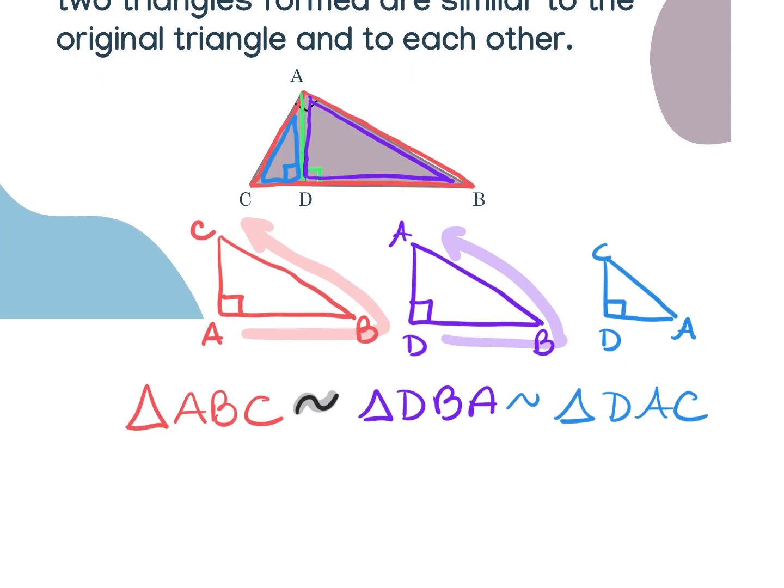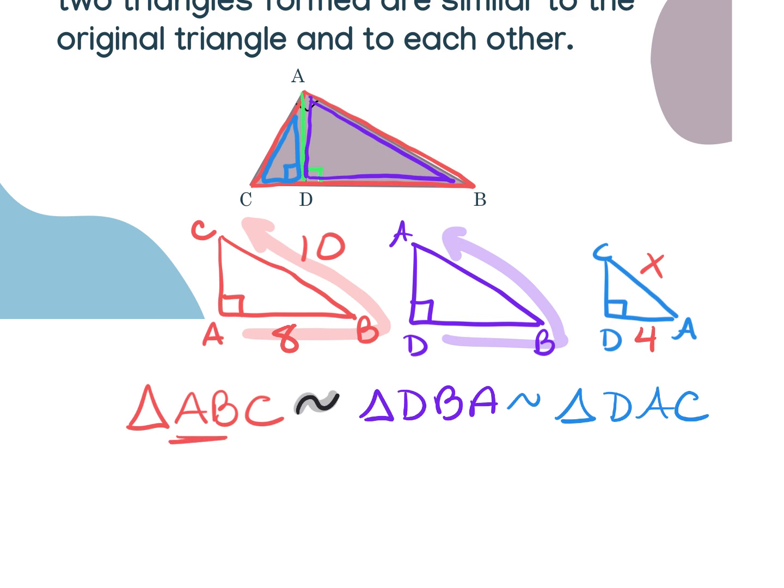So for example, let's say I said that this side of my red triangle was 10, and then this leg of the red one was 8. And then over here, I put an X here, and then I put a 4 here. So you could use your similarity statement now to see the matching sides.